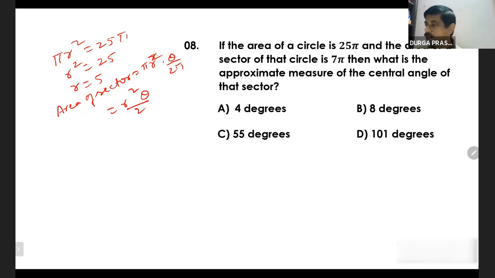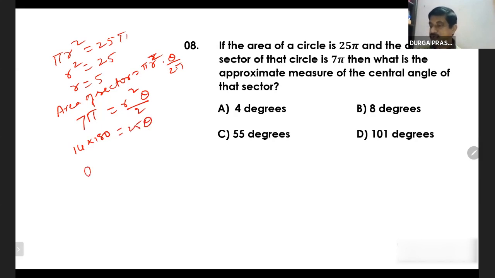Okay. So what is that he said? The area of a sector of that circle is 7 pi. So this is 7 pi. So we'll take it as 14 into pi is 180 equal to 25 theta.